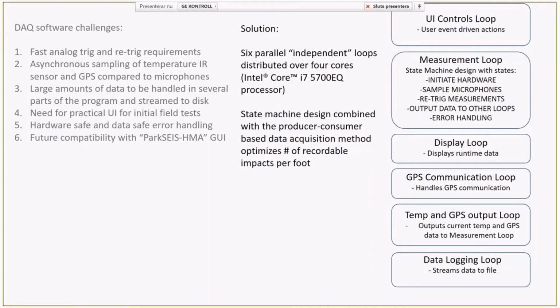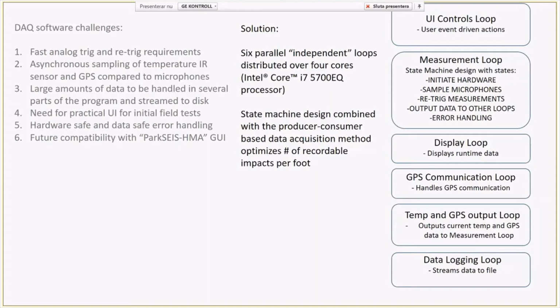For instance, we have one loop that deals with the user interface controls and reacts to event-driven actions. We have a measurement loop that is based on a state machine design with predefined states, which are all looped through depending on what is happening in the measurements.